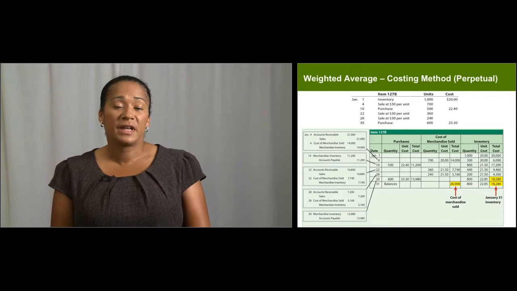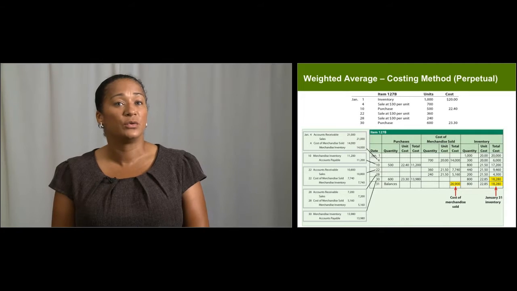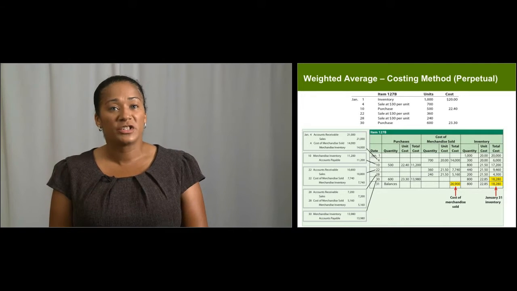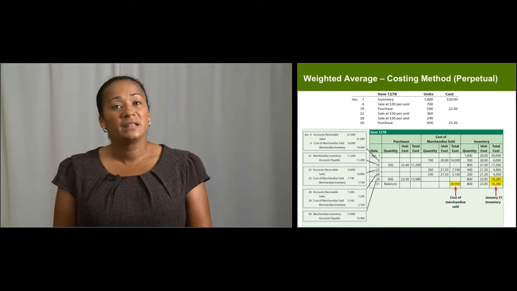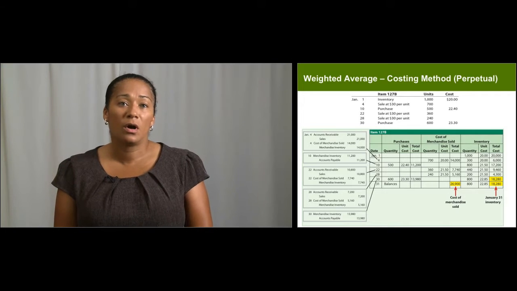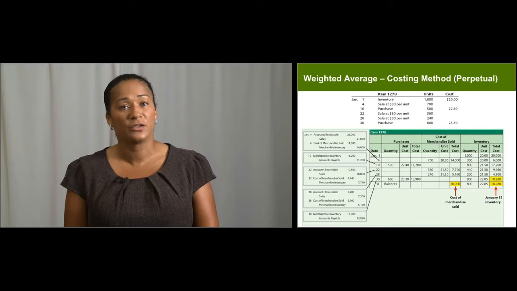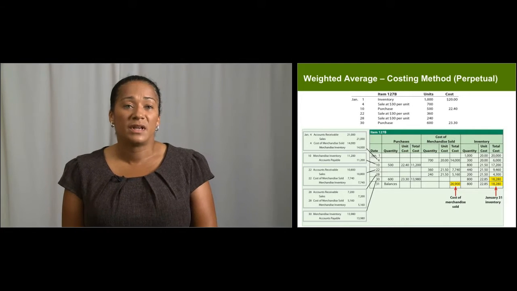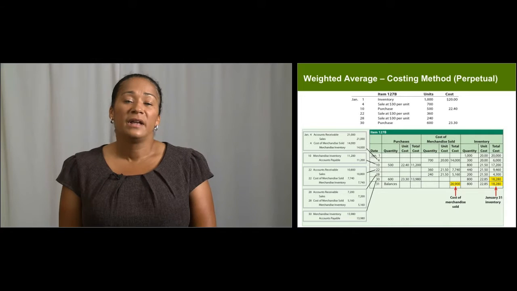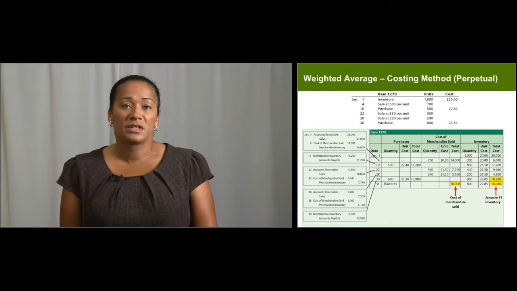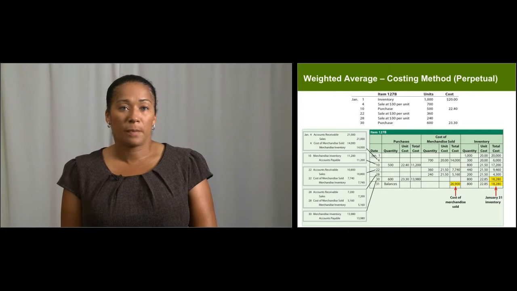The second step is to enter 500 in the quantity column and $22.40 in the unit cost column of the purchases section. The next step is to calculate the total cost of the units purchased by multiplying 500 by $22.40, which is $11,200. Enter this amount in the total cost column of the purchases section.